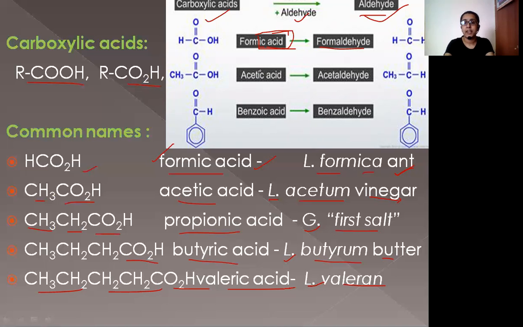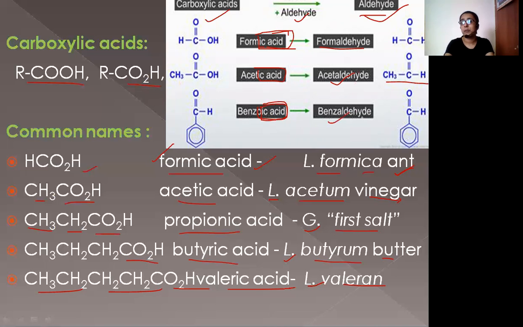Next is acetic acid, again replace ic acid by aldehyde, so it is acetaldehyde, CH3CHO. This is benzoic acid, replace oic acid by aldehyde, benzaldehyde.